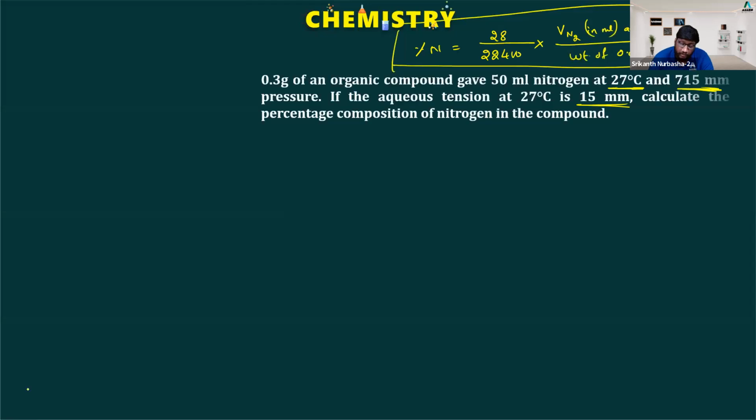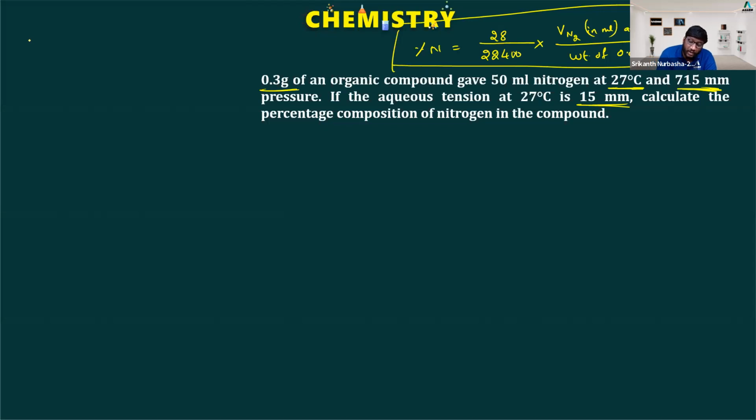Is this the formula, or is there any difference? Same formula we have written. Now what is known? 28 by 22,400 is a constant, 100 is also constant. Weight of organic compound they have given to you, 0.3 gram. The only thing you have to find out is the volume of N2 in ml at STP.